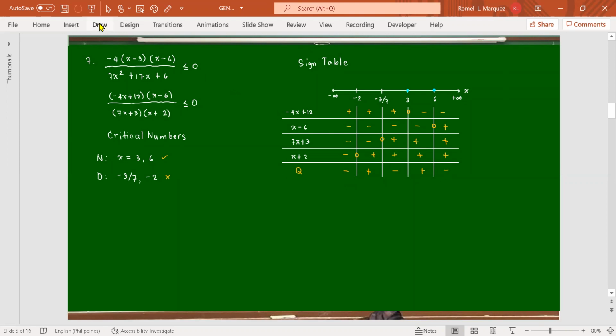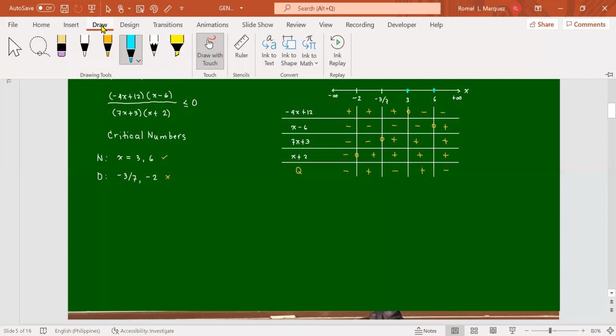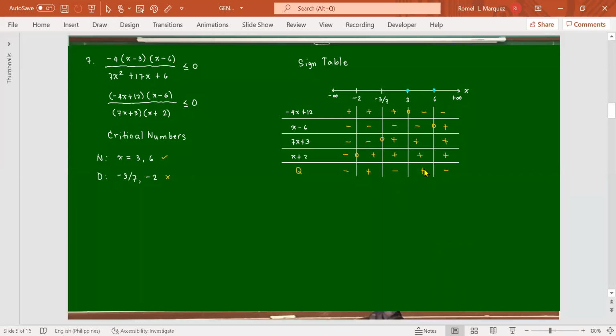Negative. What intervals do I have to consider? I want it to be less than or equal to zero. This and this together with, there are 3 intervals for which this will be less than or equal to. To be equal, 3 and 6 are considered. So let's now write the solution set.